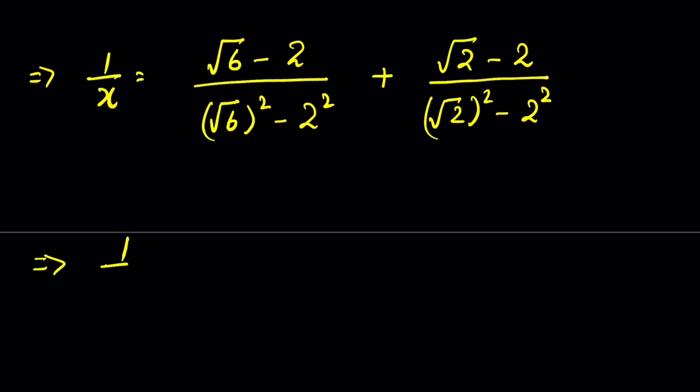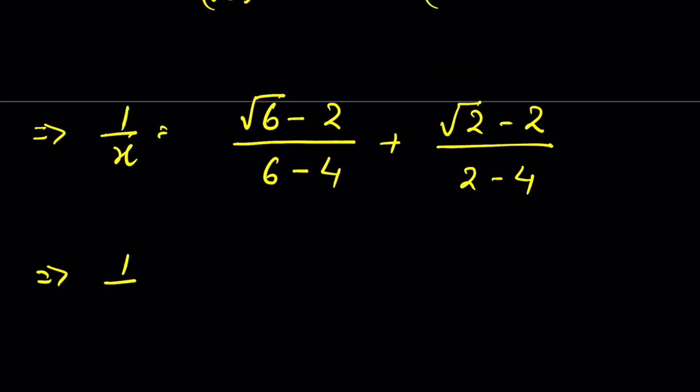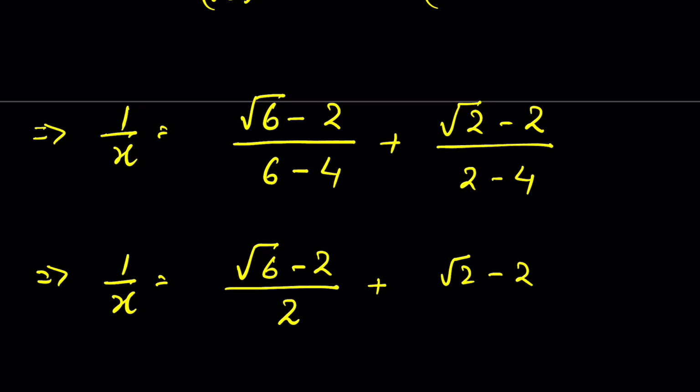Or 1 upon x is equal to square root of 6 minus 2 upon, remove the square root with the square, so 6 minus 2 square is 4, plus square root of 2 minus 2 upon 2 minus 4, or 1 upon x is equal to square root of 6 minus 2 upon 2 plus square root of 2 minus 2.